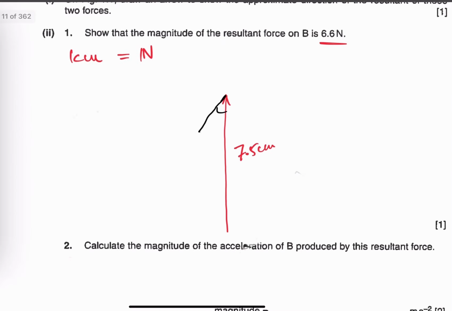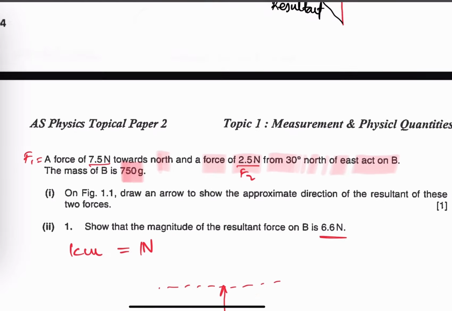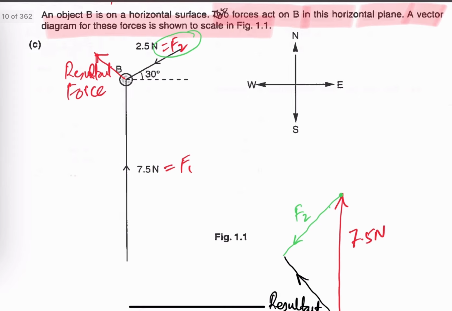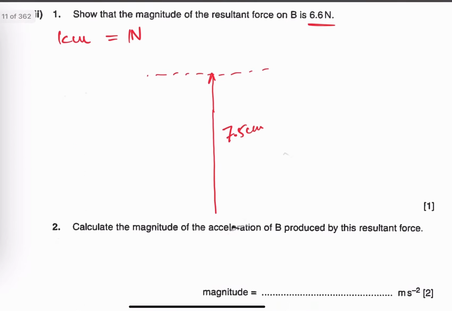So 30 degrees with the x-axis, let me redraw it. Okay, so let's suppose this is the imaginary x-axis and we have to draw 30 degrees with the x-axis.